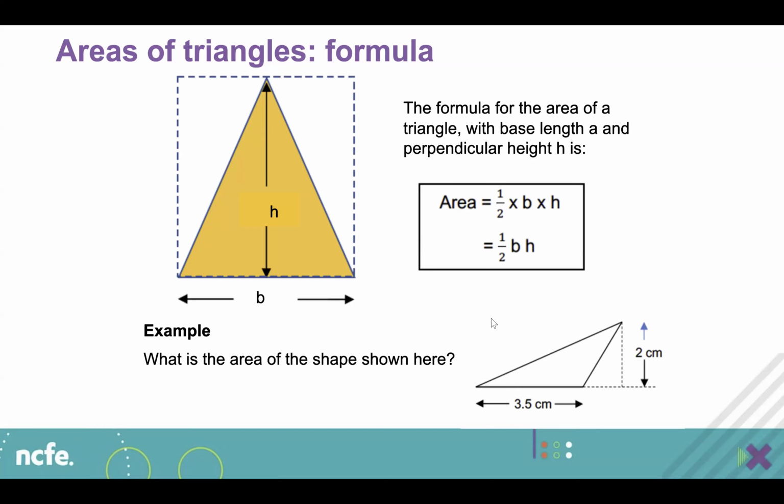It would be half times 3.5 times 2, so 0.5 times 3.5 times 2, which equals 3.5. So the answer would be 3.5 centimeters squared.